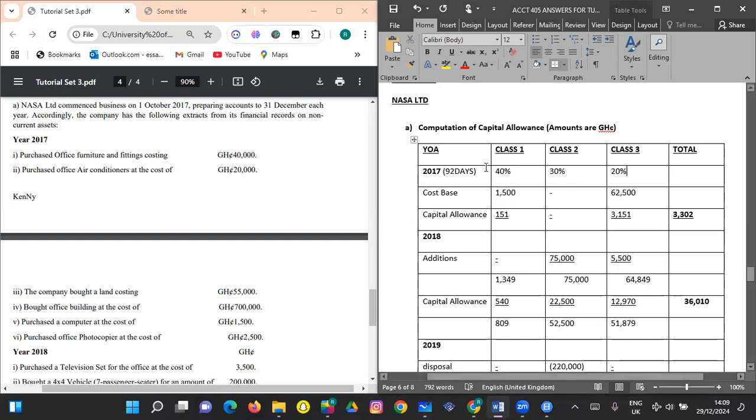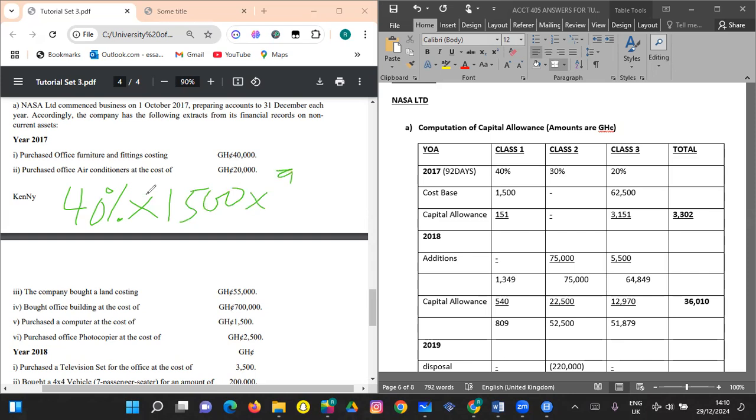And here, I told you, because it was used within 90 days, when you apply 40% on this, we'll do it like this. So 40% times 1,000 times 92 over 365, right? Then you get this.